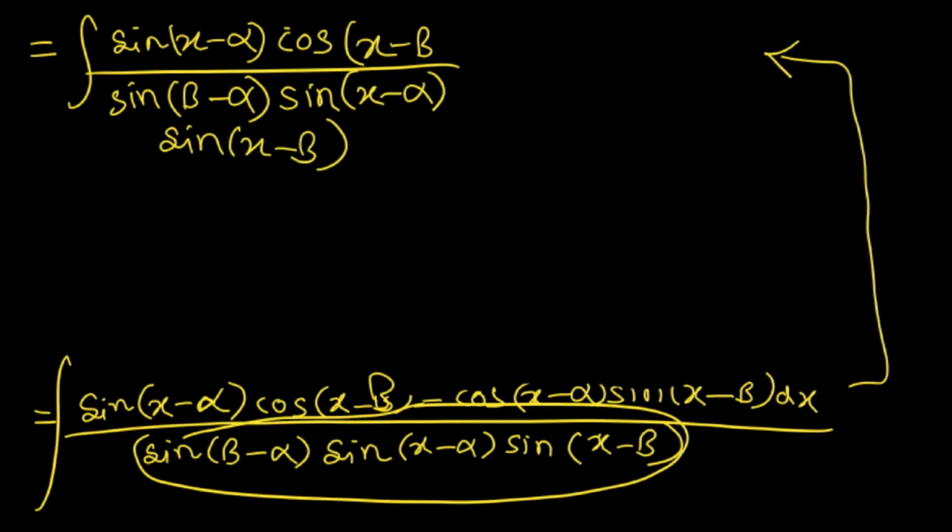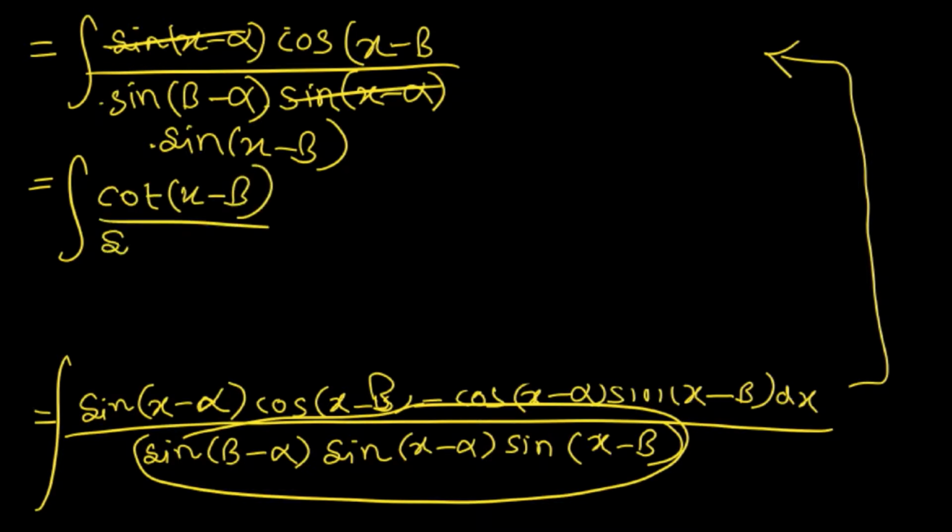As you can see, these terms are in multiplication format, so the sine(x − alpha) terms get cancelled. We are left with the integration of cos(x − beta) by sine(x − beta), which gives nothing but cot(x − beta).